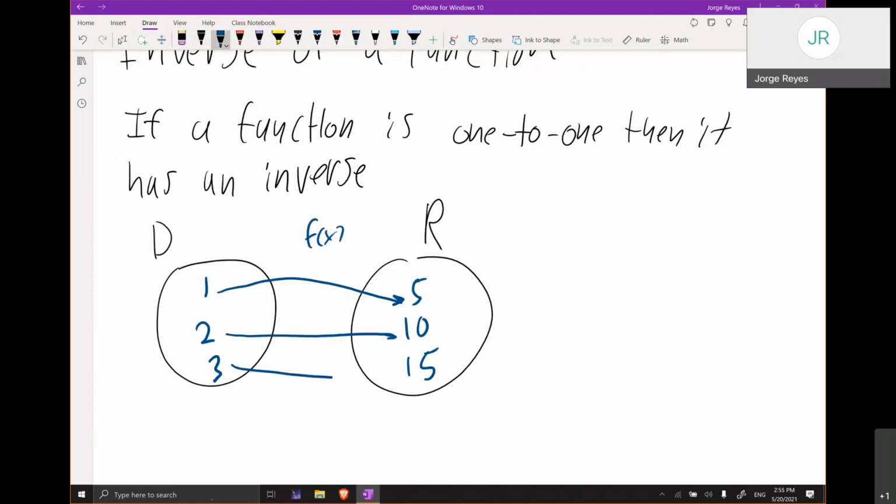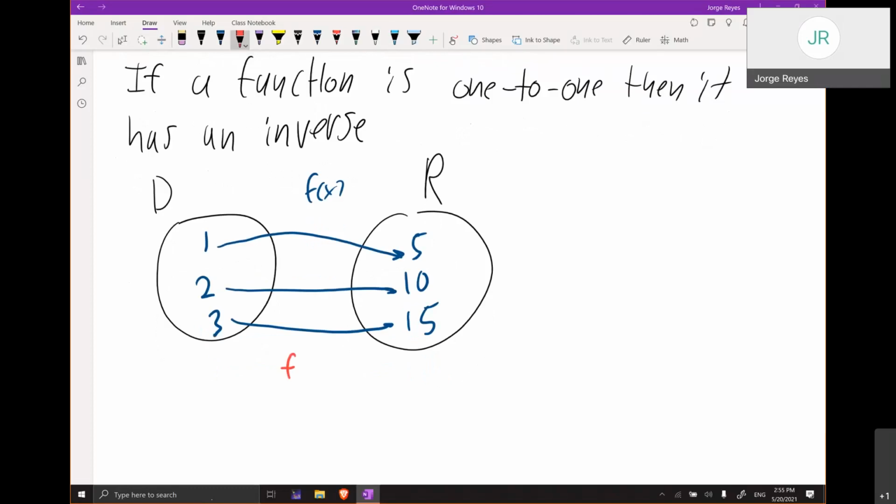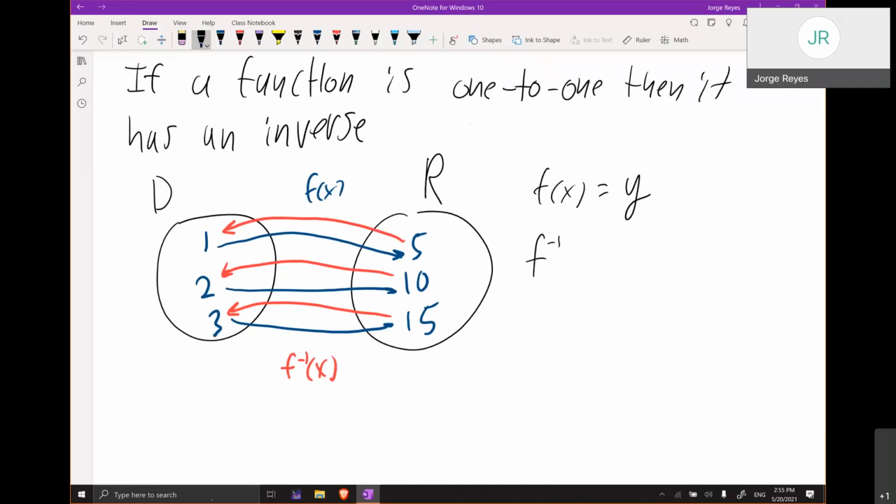Then the inverse function, which we write like this, just does the opposite thing. The red is the inverse function. So if f of x equals y, then f inverse of y equals x. It just literally sends it back.